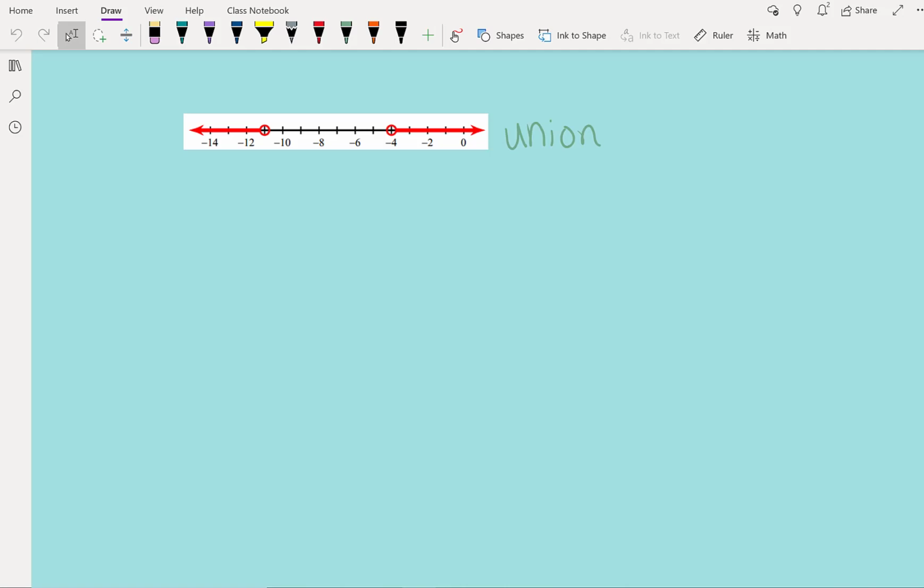So now I'm going to look at this part over here, and it's going to be an open circle, so it's not going to have the line underneath. And I can see that it is less than. It's heading where the numbers are getting smaller. Remember that the bigger the negative number is, the smaller it actually ends up being. So even though it's saying 12 and 14, they're negatives, so they're small. So whatever it is, it's going to be less than a number.